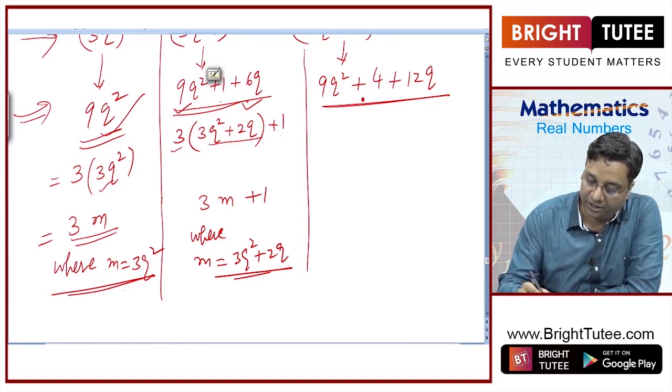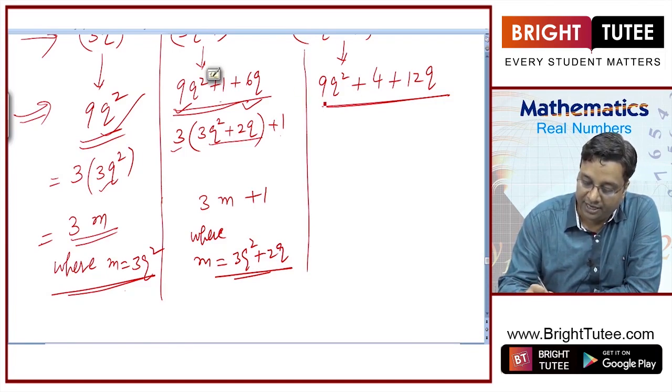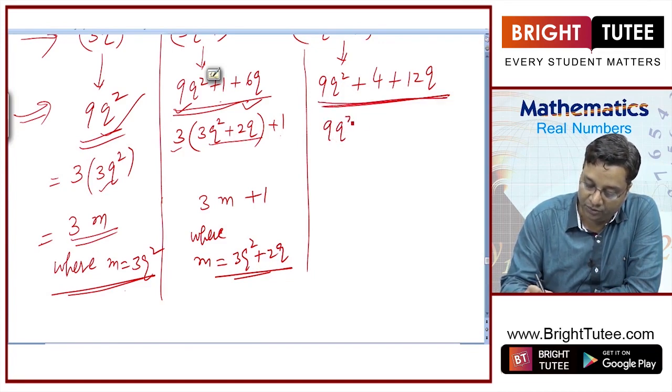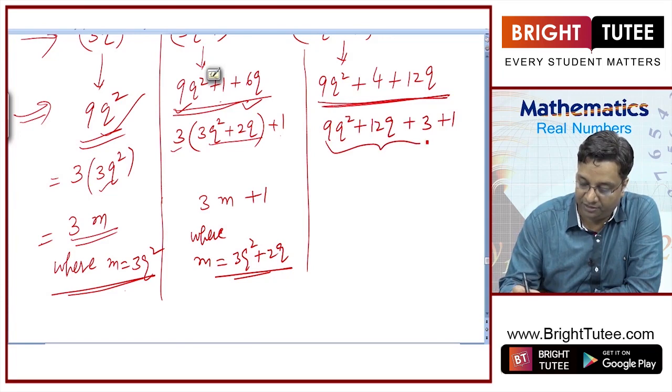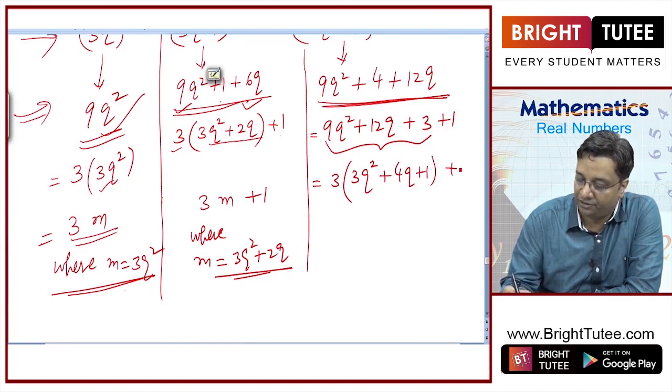Now let's look at this number here. I can write this number as 9q square plus 12q plus 3 plus 1, right. From this term, if I take 3 common, then I can write it as 3q square plus 4q plus 1, plus 1.